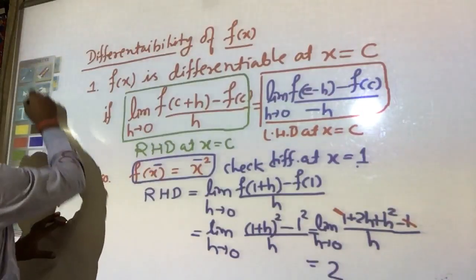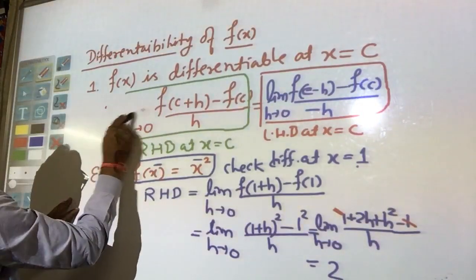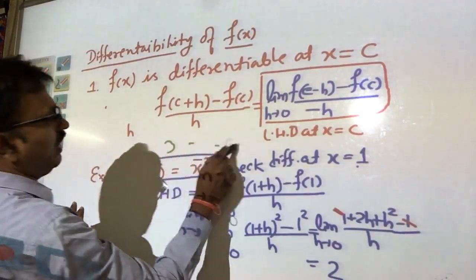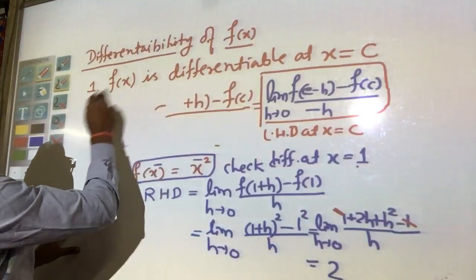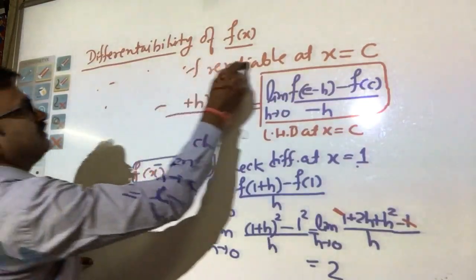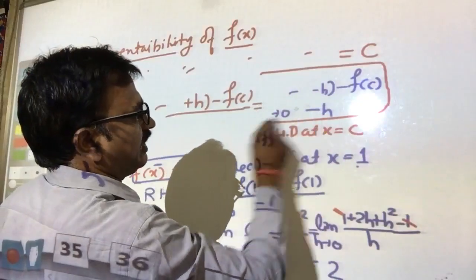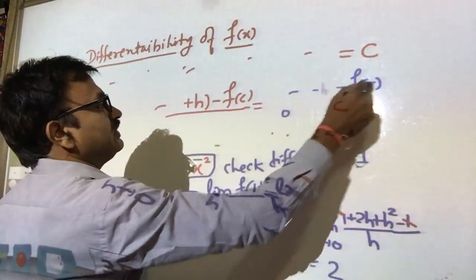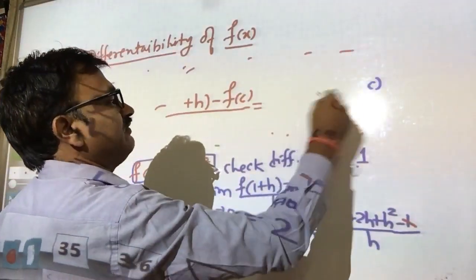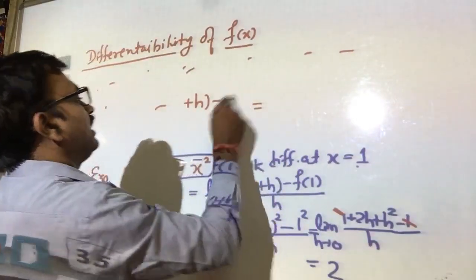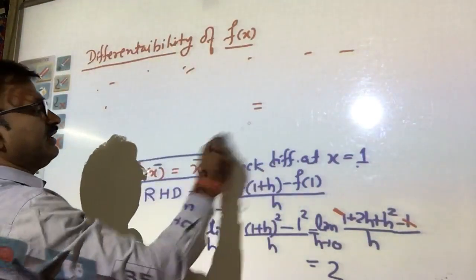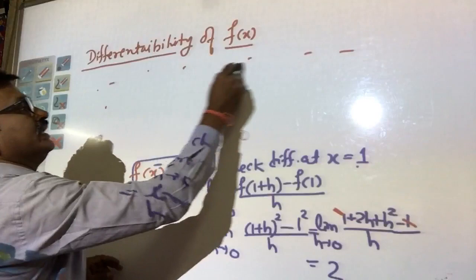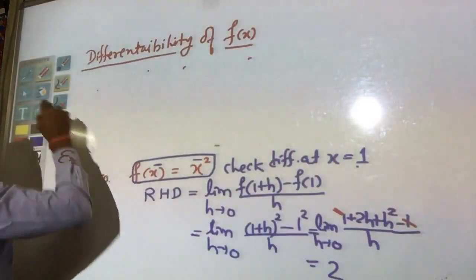Now we will find the LHD, the left hand derivative. I remove this here. Already you have written the definition. Now, what is the left hand derivative for this? Suppose it is also 2, it means the function is differentiable at x equal to 1. And if it is not equal to 2, then it is not differentiable at x equal to 1.